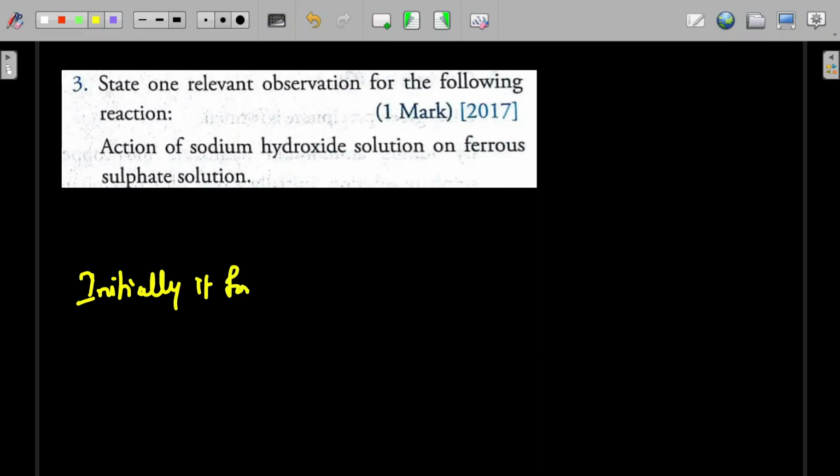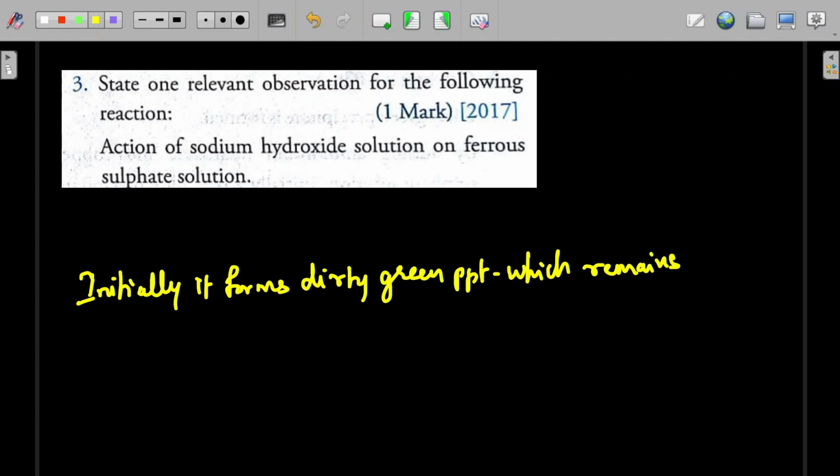It forms a dirty green precipitate which remains insoluble in excess of NaOH solution.